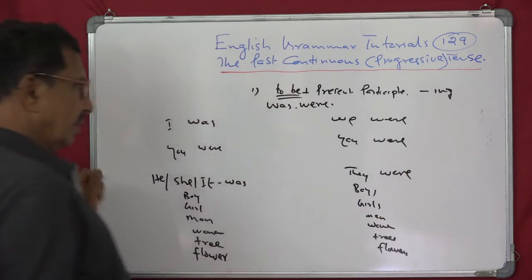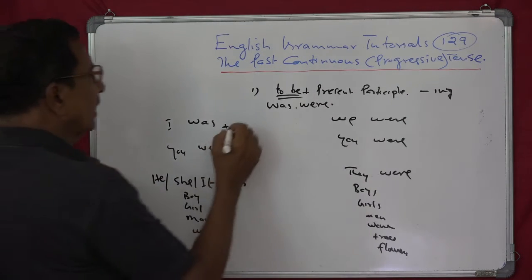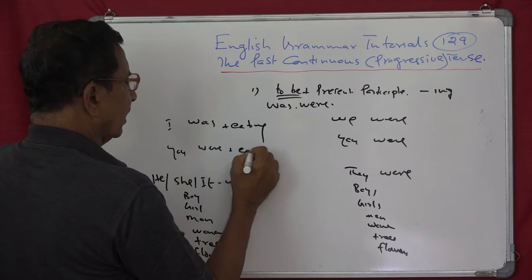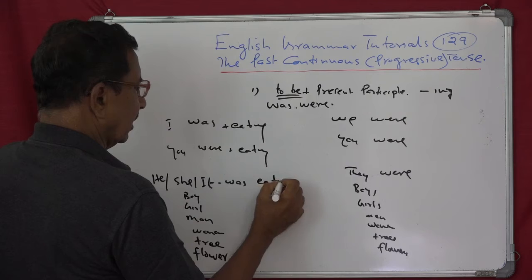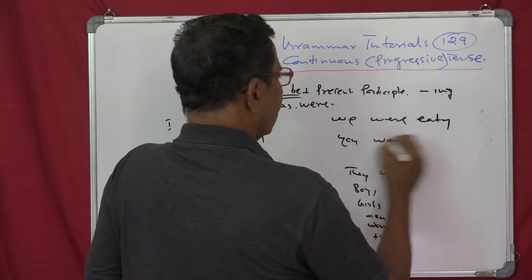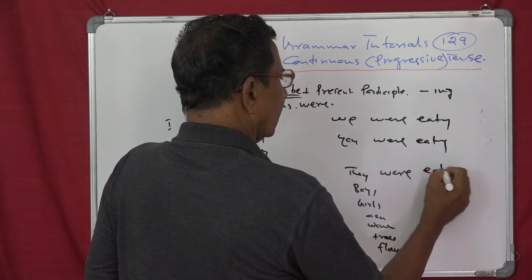That's all. Now plus ing. I was eating. You were eating. He, she, it was eating. We were eating. You were eating. They were eating.